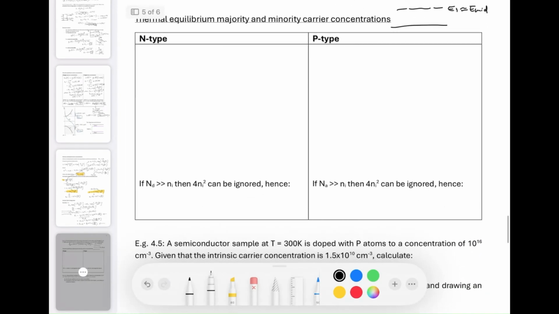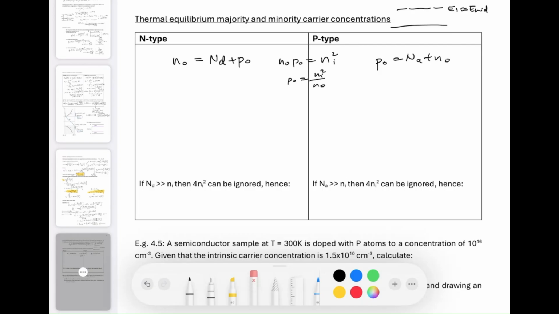Okay, so now let's look at the thermal equilibrium majority and minority carrier concentration. If you look at the third part of this video series, we know this too. But this time we know that N0 P0 equals Ni squared, which we got from just now. So we know that P0 equals Ni squared over N0.